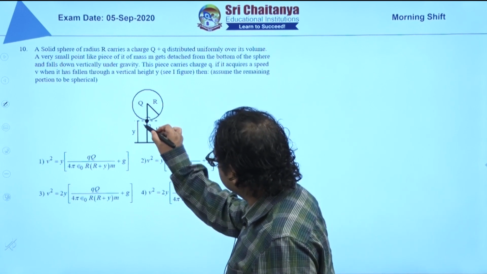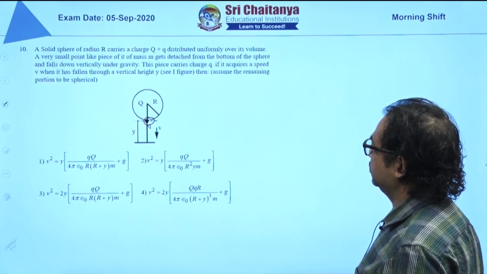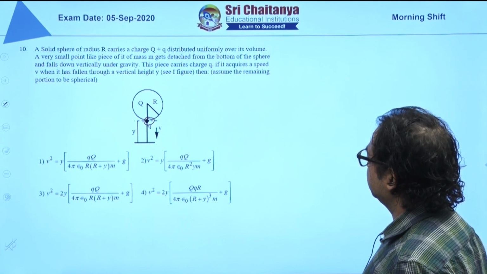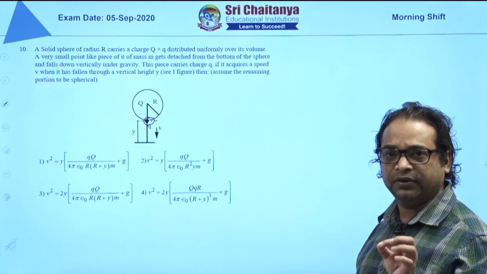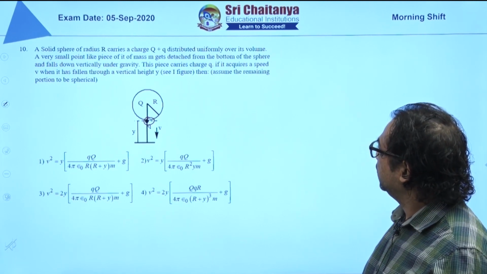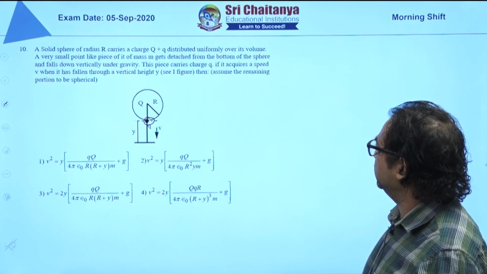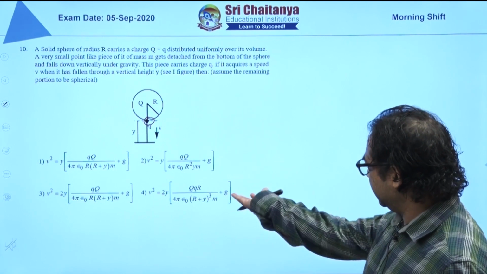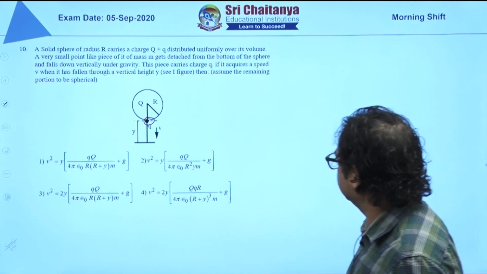Now it acquires a speed v when it has fallen through a vertical height y. We just have to find the relations.